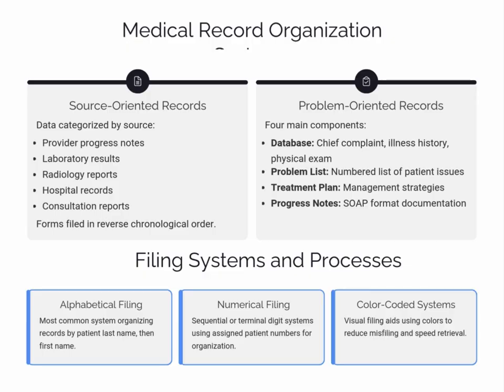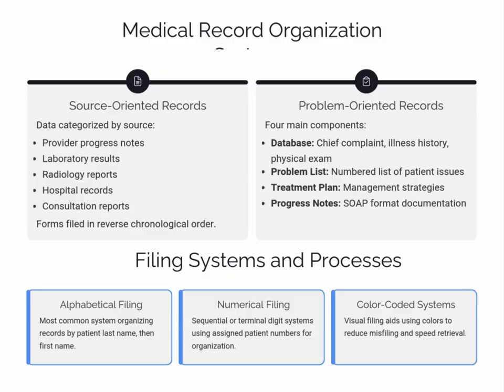Electronic records, unlike paper records, are typically stored in the cloud with real-time backups. Paper records, however, are stored in the facility in some type of way. How it is organized depends on that facility, but the most common are filed alphabetically, meaning that it is organized by the patient's name, typically last name.